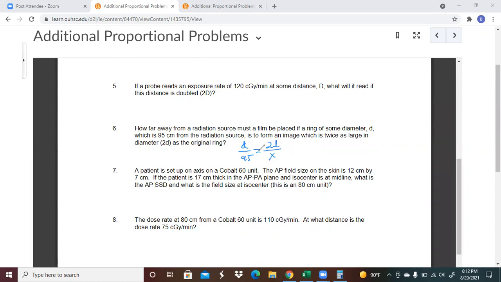We don't know what that distance is, but we can figure it out. So we rearrange a few terms, cross multiply here and whatnot. We end up with d divided by 2d times 95. The d's cancel. Whoops, got that wrong. Sorry. Let's try that again.